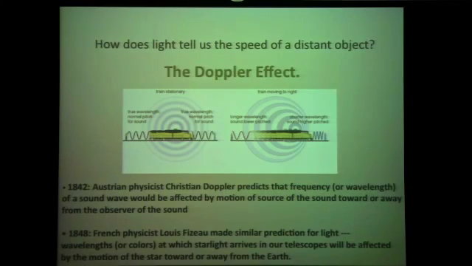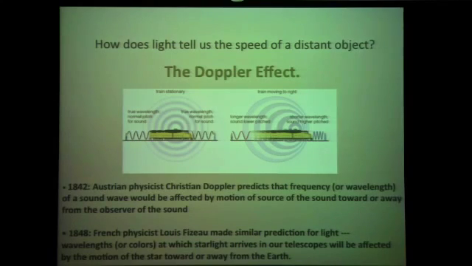In the early, mid-19th century, the Austrian physicist Christian Doppler said that for sound, the frequency or the wavelength, the pitch of a sound wave will change if the source of the sound is moving toward or away from us.